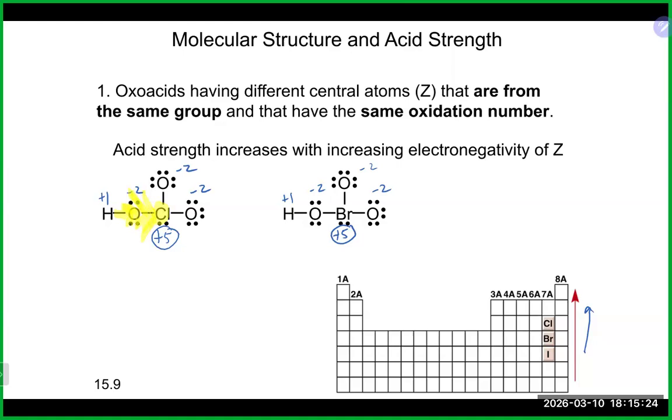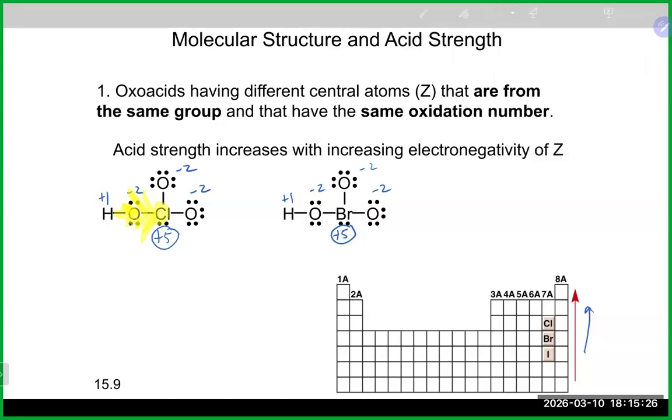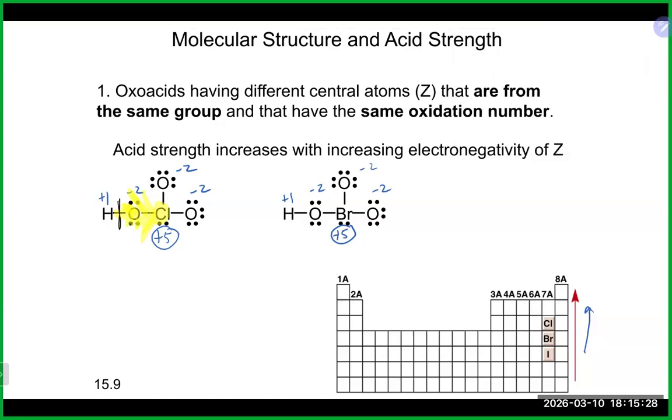What that is essentially going to do to that OH bond is weaken and weaken this bond as those electrons start migrating a lot further away from the hydrogen, making this hydrogen pop off a lot easier than the one over here, because the bromine is less electronegative. It's still going to do the same thing, pull those electrons in, but not as much as the chlorine.